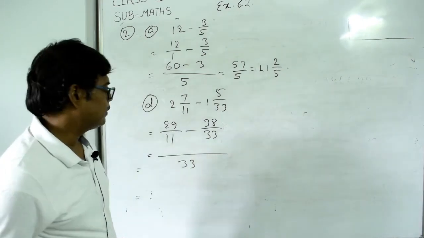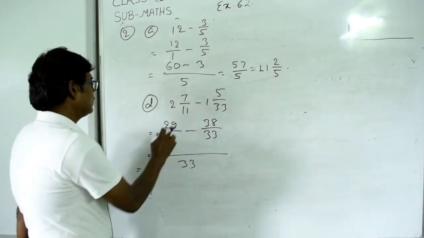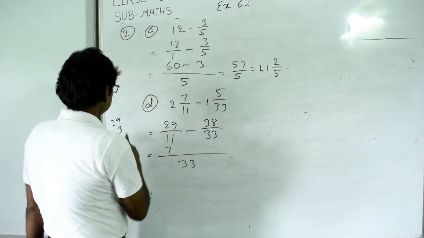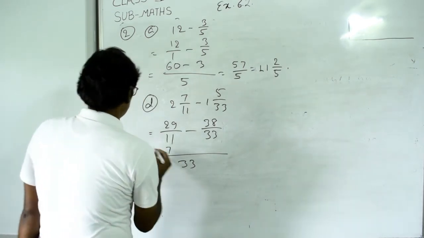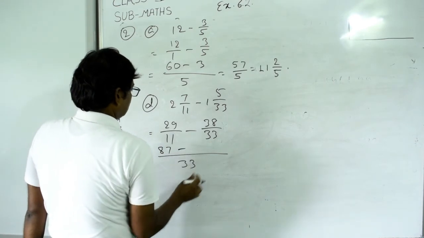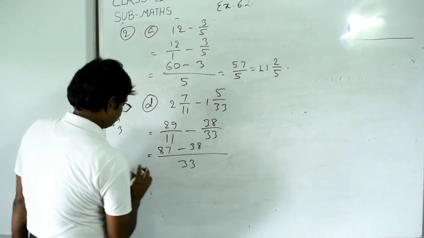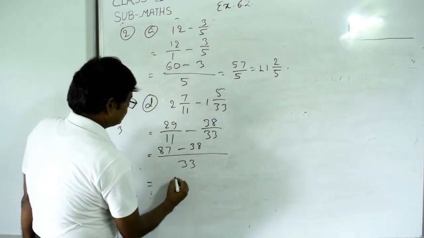Then divide 33 by 11, how much will it be? 3. Then 29 3s are 87. Then divide 33 by 33, you will get 1. So here it is 38. So subtract.